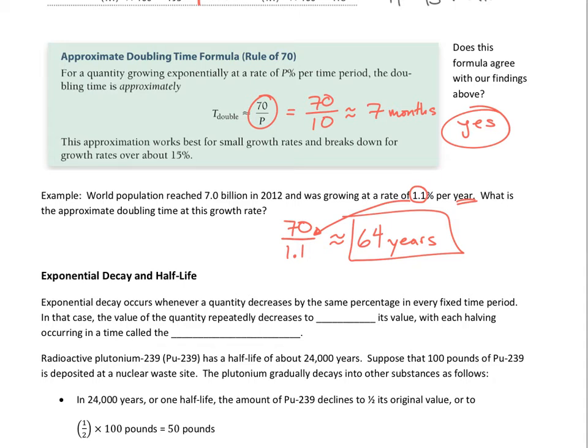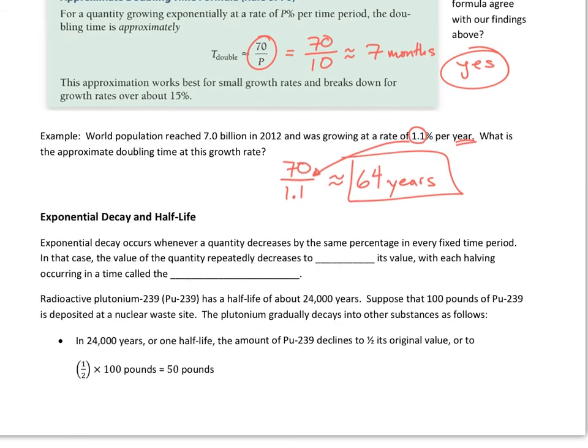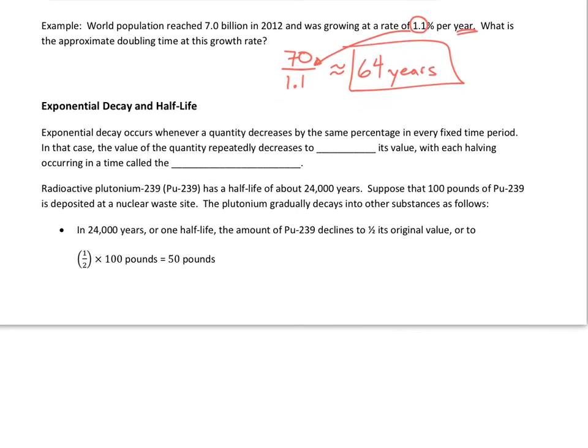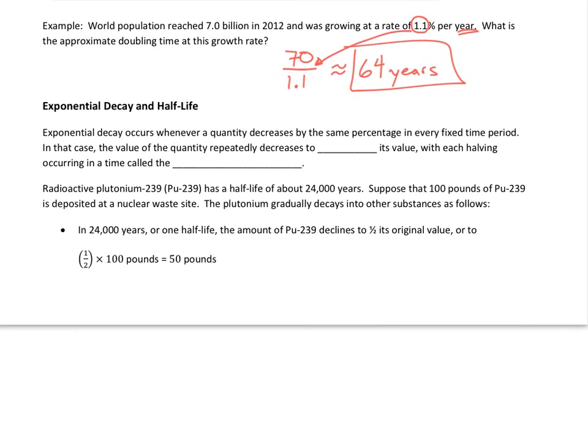From here, we move on to exponential decay and exponential half-life. Exponential decay occurs whenever a quantity decreases by the same percentage in every fixed time period.